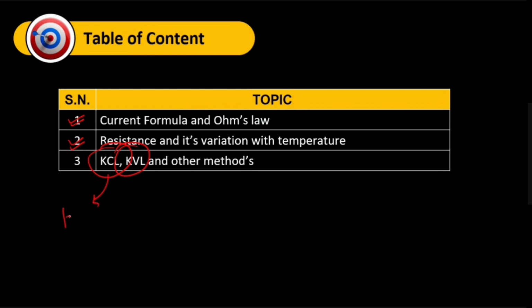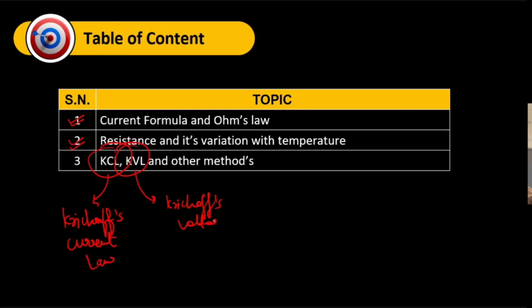This is completely new: Kirchhoff's current law. This is the name. And KVL is Kirchhoff's voltage law. And there are other methods as well to solve other types of circuits. So we're going to talk about these things.